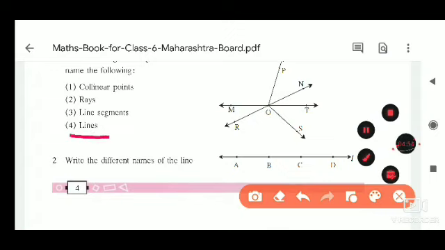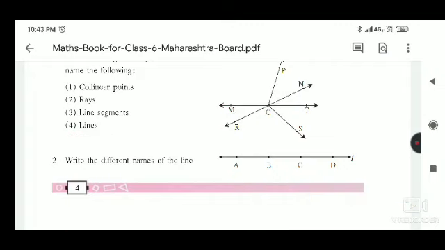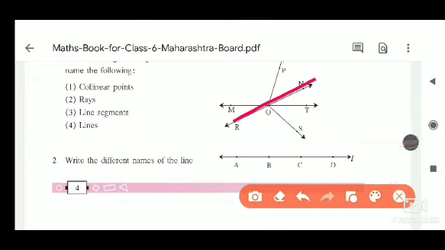When we took the line segment, we took only the distance between point M and point T. But when we take lines, we have to read from this arrow to this arrow, and there is an arrow on both sides, so this is line MT. Afterwards this is line MRN, this is also line RN. So in this figure 2 lines are there.